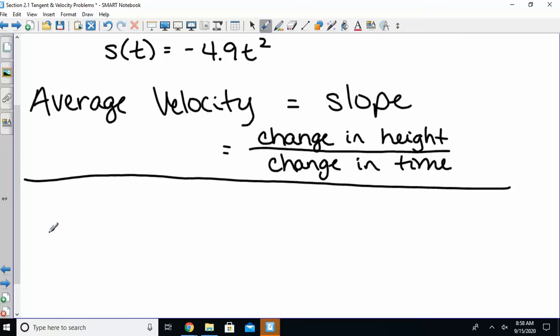All of these I'm going to be finding the slope compared to when my time was 5 and I need my height at that point. So plug a 5 into our height equation.